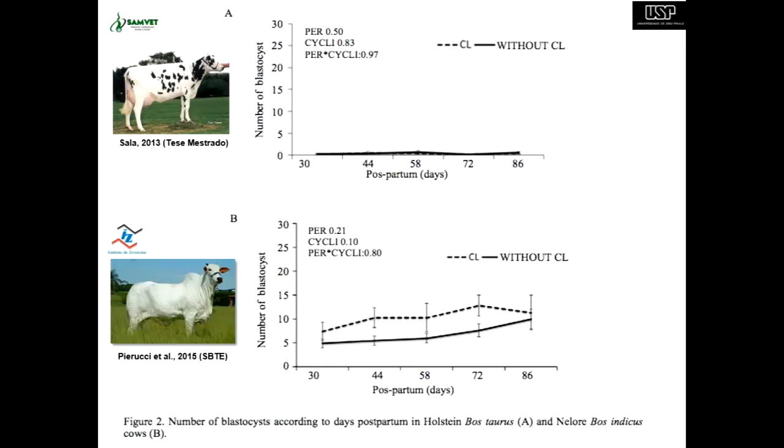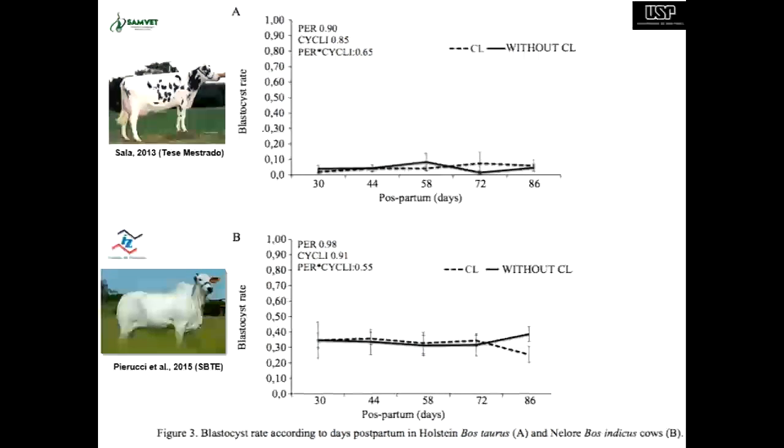It's totally unexpected, but we didn't find any effect in Holstein and in Zebu on number of blastocysts, and blastocyst rate again, according to the postpartum. So we expected to improve the oocyte quality according to cyclicity or according to the time of postpartum.